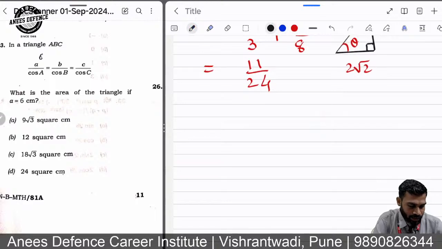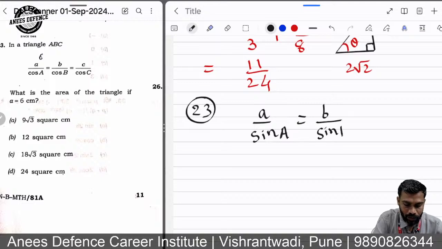Again, this is a shortcut, question number 23. Using the sine rule, a by sine A is equal to b by sine B is equal to c by sine C, which is true for all triangles.